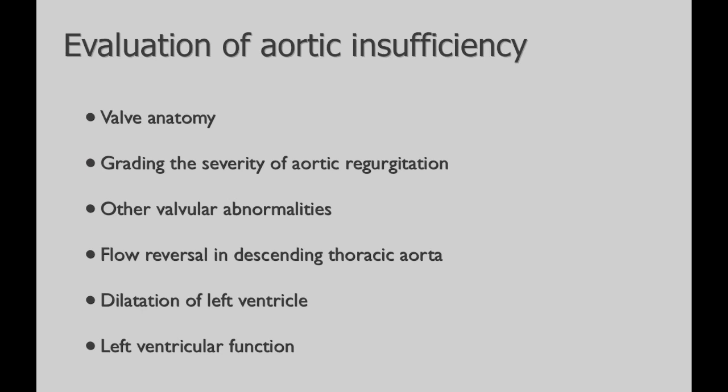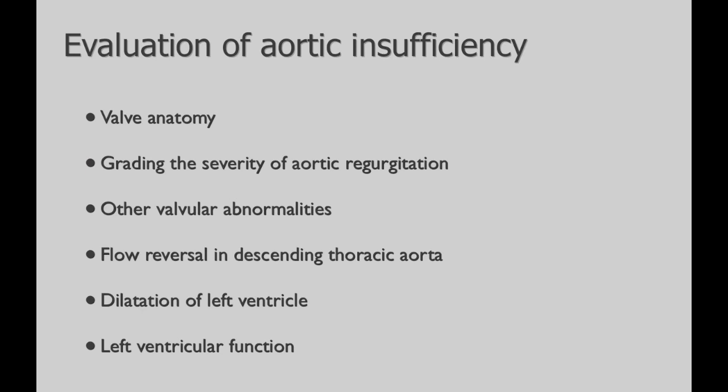In terms of evaluating aortic insufficiency, it's important to look at the valve structure visually in 2D echocardiography, and then grade the severity of aortic regurgitation by a variety of different modalities, including color flow, jet width, and other indicators, which we will discuss shortly. It's important to look for other valvular or subvalvular structural abnormalities, and to assess for reversal of flow in the descending thoracic aorta, which can be an important indicator of severe aortic insufficiency.